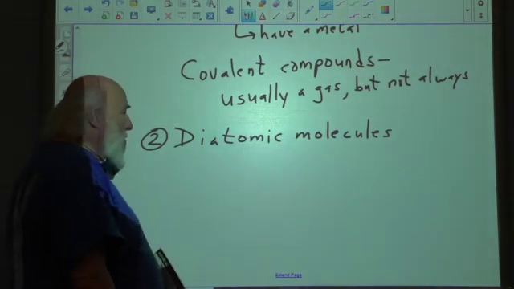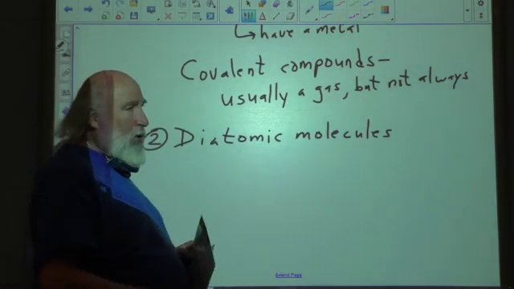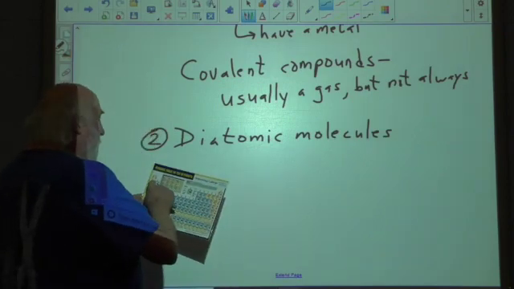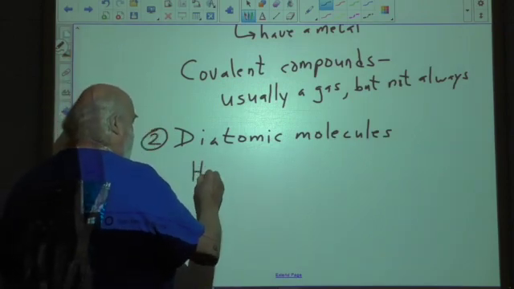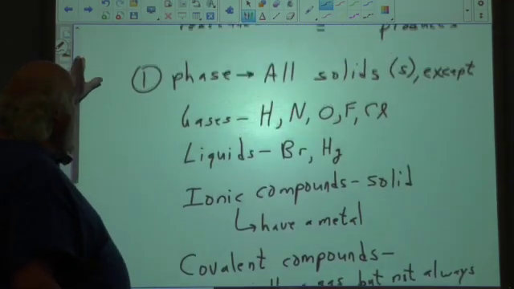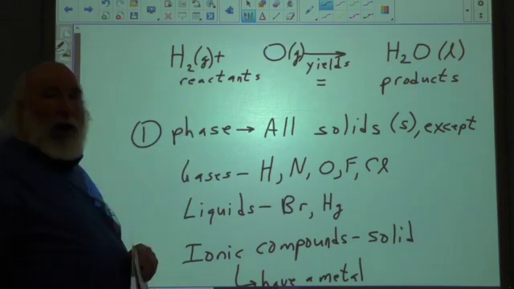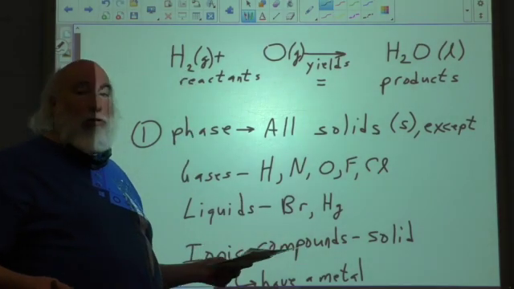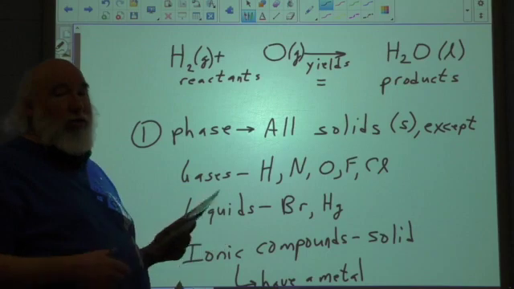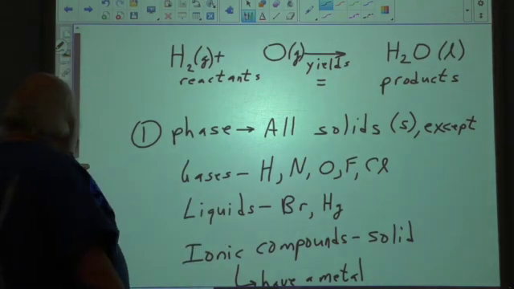But these are the elements that will be diatomic, and I'll write little 2's by them. It's going to look pretty familiar. Hydrogen is diatomic. So if you see a hydrogen, like we do up here, you've got to put a little 2 there to show that it is 2 atoms per molecule. It is a molecule of hydrogen. A molecule of hydrogen has 2 hydrogens. All the time. Never fails.